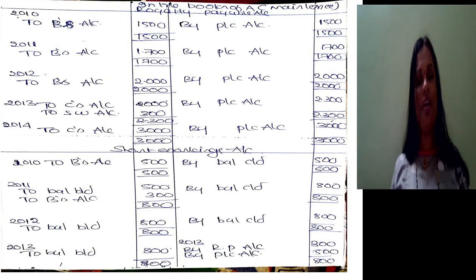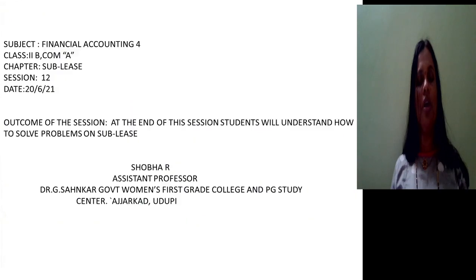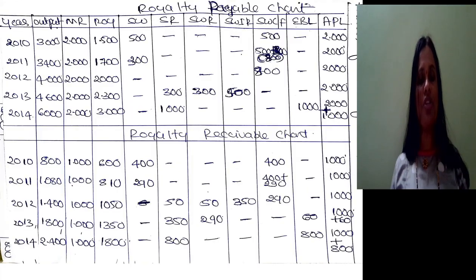So in the books of A, who is the main lessee, as a main lessee he has to prepare the royalty payable account, short working account and lessor account. If you look at the royalty payable chart, the first 2 years' situation is equal to the second circumstance which we discussed when we started understanding how to pass entries, and the third year's situation is equal to the third circumstance where royalty is equal to minimum rent.